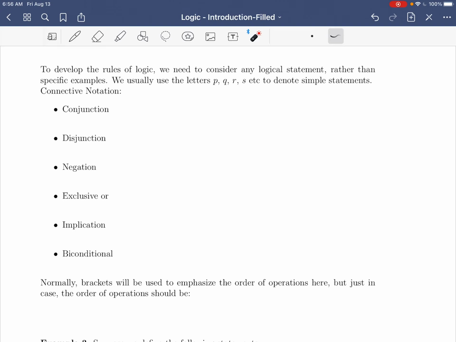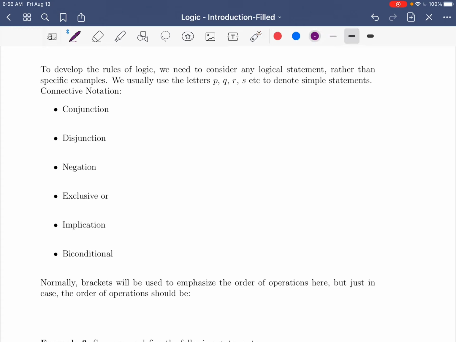We won't necessarily know the truth value of these, but we might, it might be given. We don't have to know what the statement is at all times, because we want to talk about how the logic implies the truth value for the compound statement.